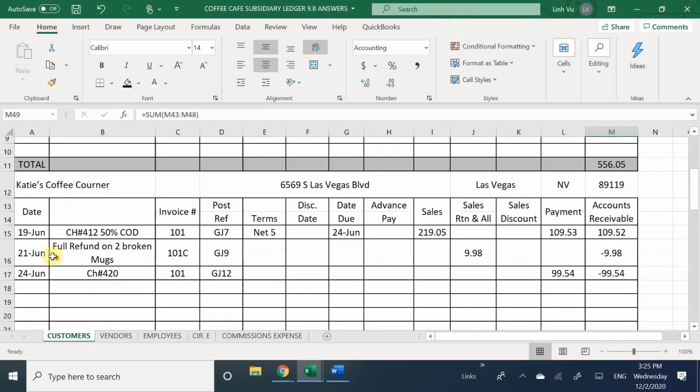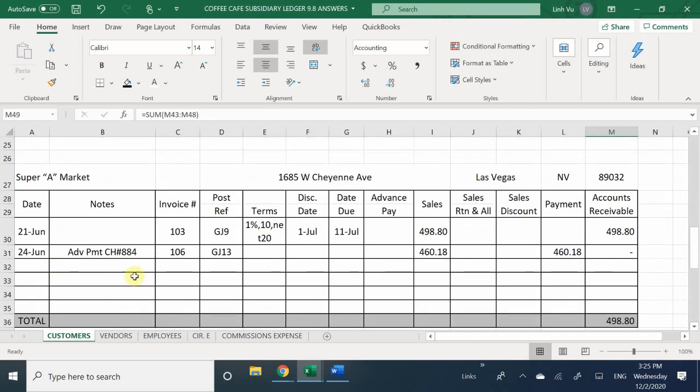And the date. You don't need a note, right? Because you're paying for the invoice. So you can just put in invoice number 106, General Journal 15.